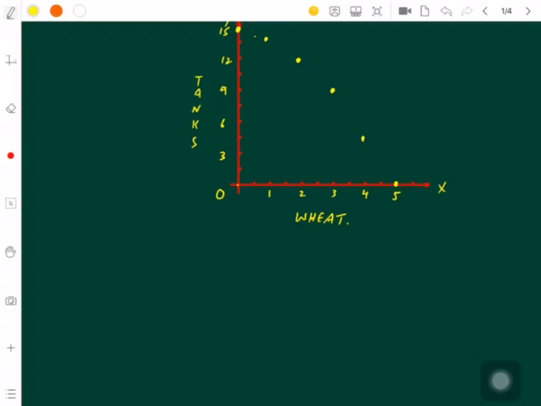So now we will try to join these points with a curve.